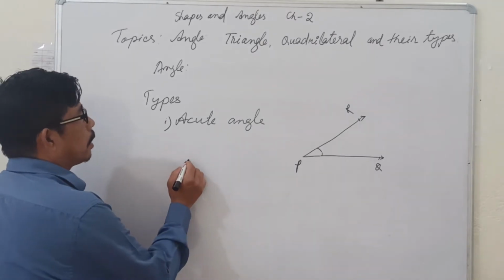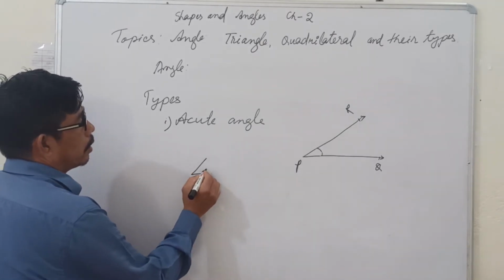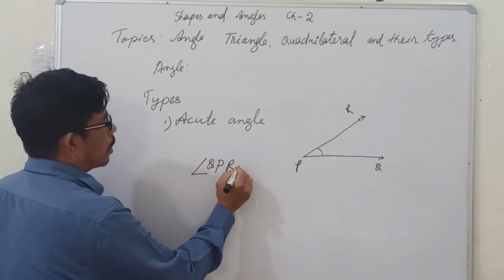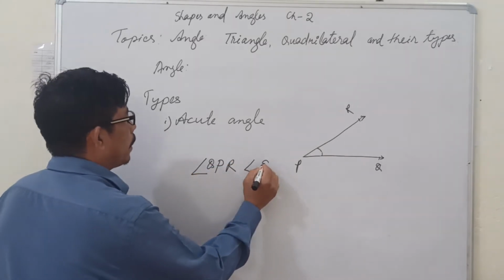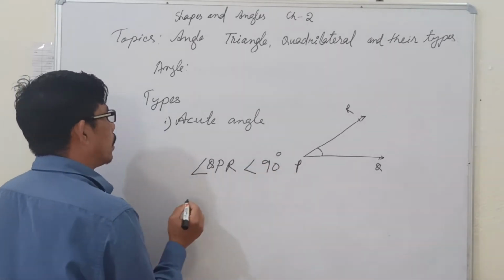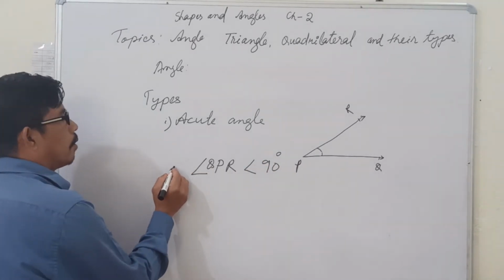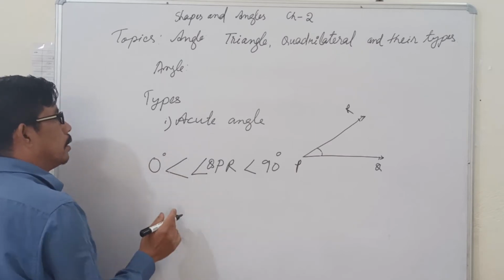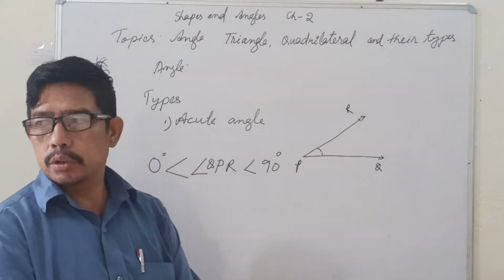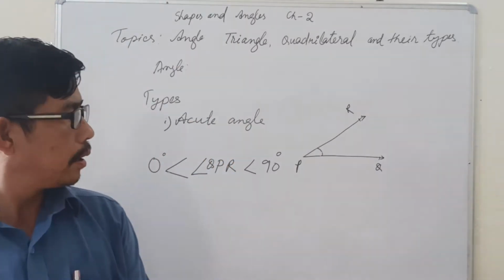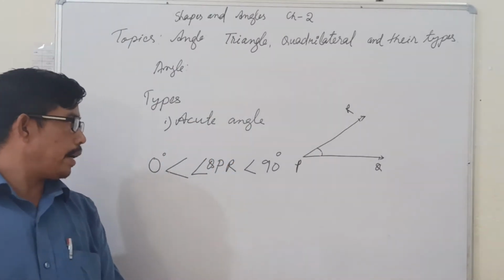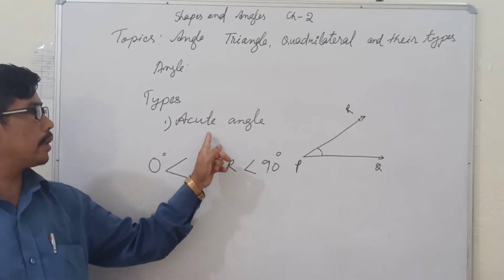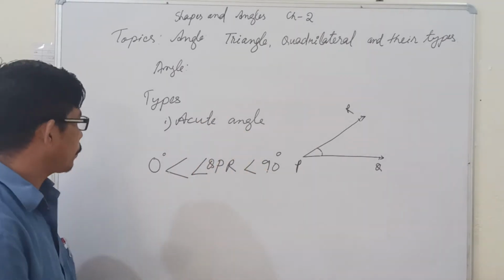That is, angle QPR will be less than 90 degrees and more than 0 degrees. Such angles are known as acute angles.